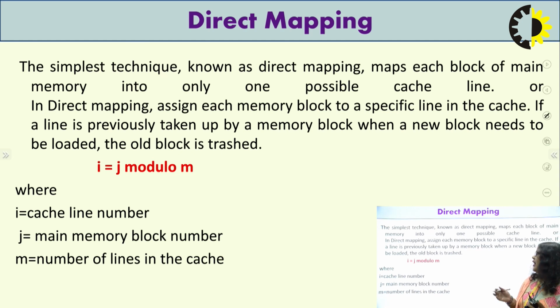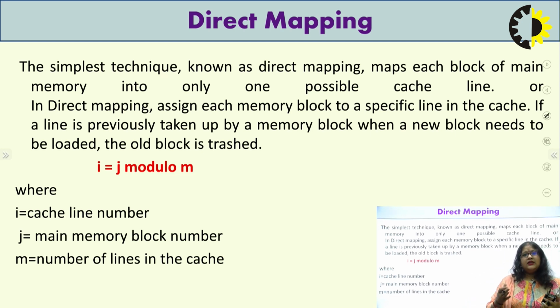First I will explain direct mapping. As the name depicts, direct means we directly transfer the data from the main memory to the cache. This is the simplest technique. Each block of main memory maps into only one possible cache line. In direct mapping, we assign a memory block from main memory to the cache.